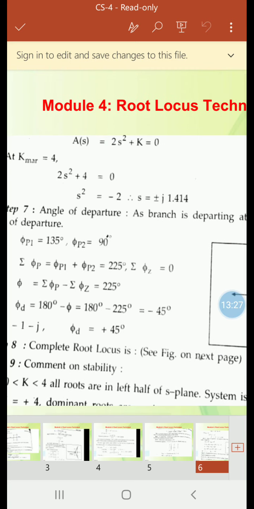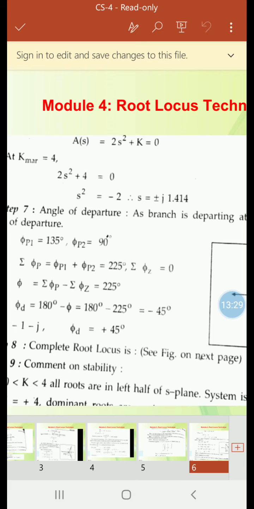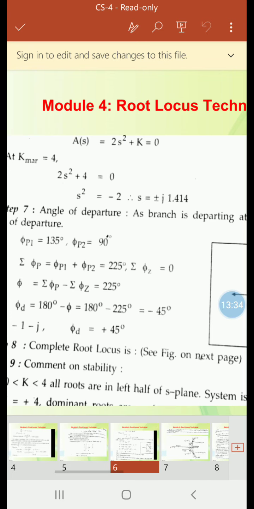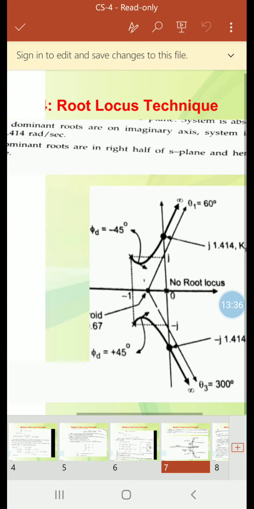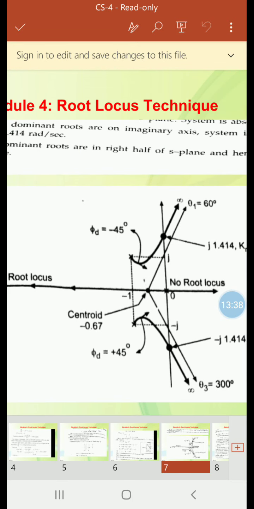The next step is to complete the root locus. You can see the complete root locus which has been shown here. You can see the centroid at minus 0.7, then the complex conjugate poles, then you can see theta 1, theta 2, theta 3. Then phi d is plus 45 degrees at minus 1 minus j. Phi d is minus 45 degrees at minus 1 plus j.